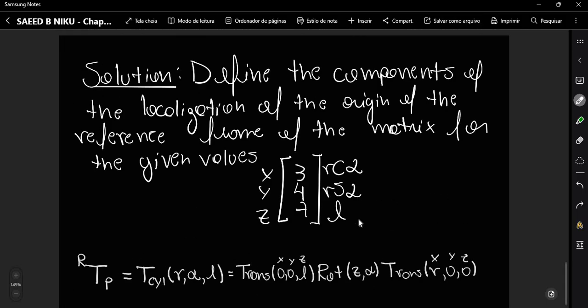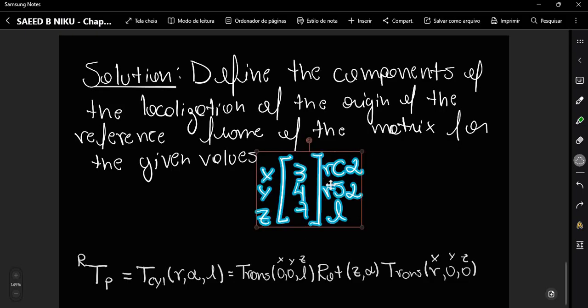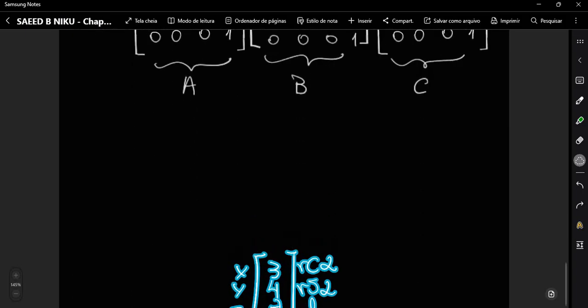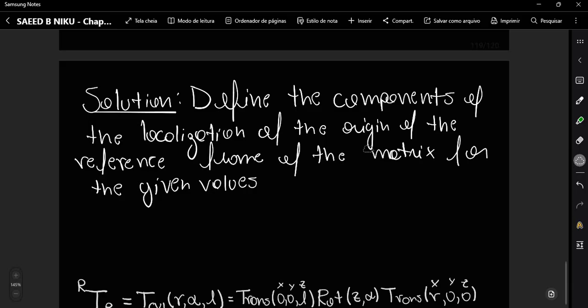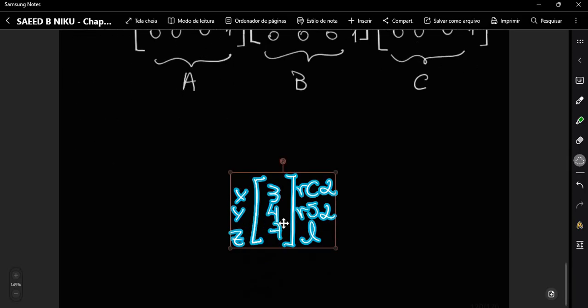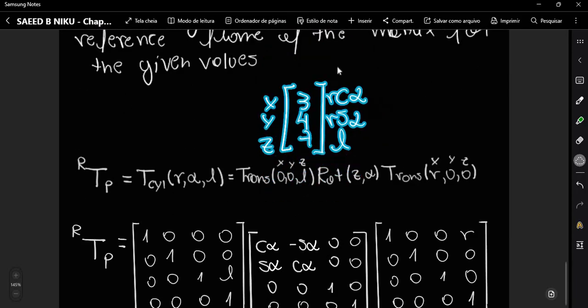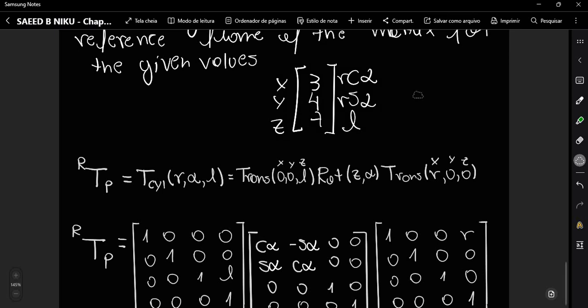Now what we have to do is to substitute these values, as you can see on the solution. Define the components of the localization of the origin of the reference frame. Let me just copy. These are the components, and we have already defined them when we did this analysis.